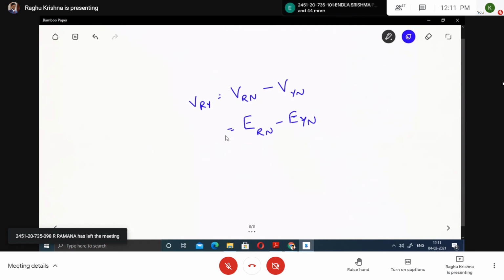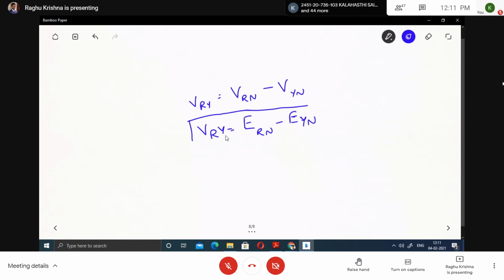So here you can directly take VRY is equal to, is it clear? If I want VRY, it can be obtained as ERN minus EYN.